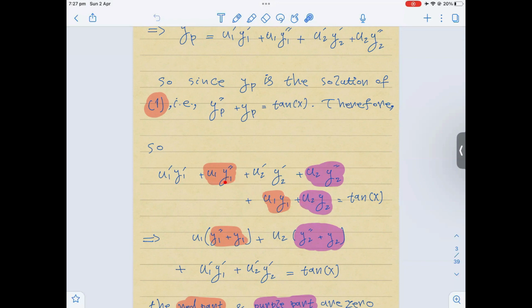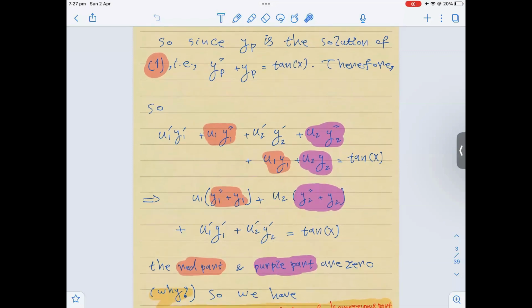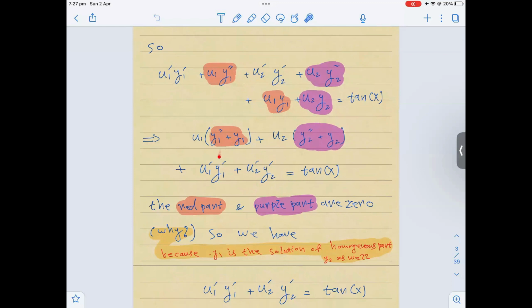Now, we see the red terms, u1 y1 double dash and u1 y1, so we factorize u1, and the purple ones have u2 in common, so I will factorize those. Since y1 and y2 are solutions of the homogeneous part of the ODE, the two expressions inside the parentheses are 0.